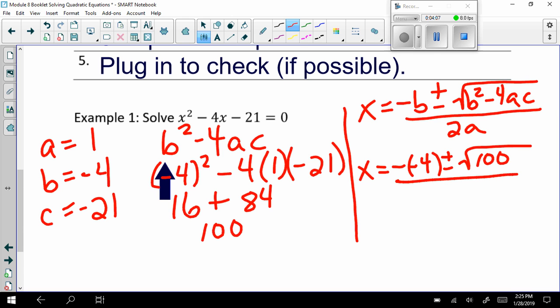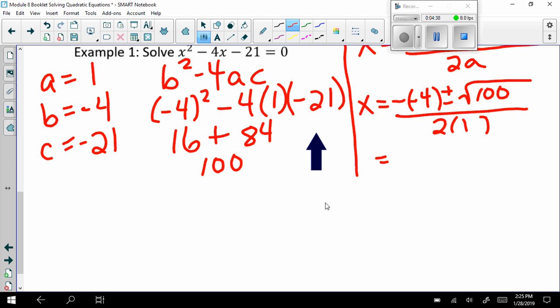I tend to make fewer mistakes. Plus, I already know I'm expecting 2 solutions. And then all over 2a, and my a was 1. So I'm going to go through that again. I've got negative b plus or minus the square root of where I found my b squared minus 4ac all over 2 times a. I just used my formula.